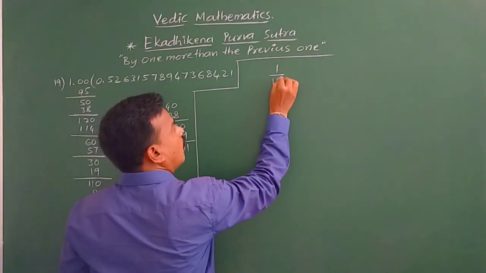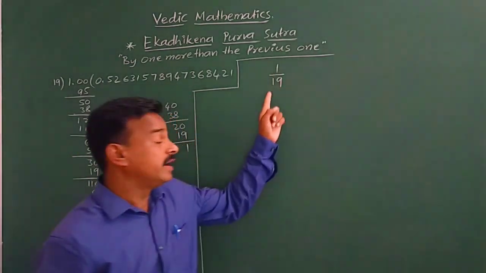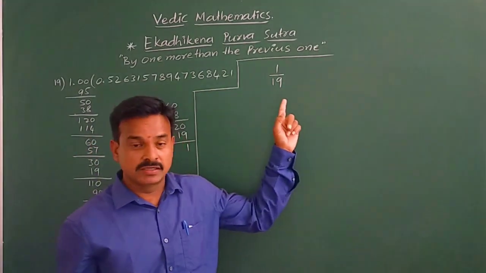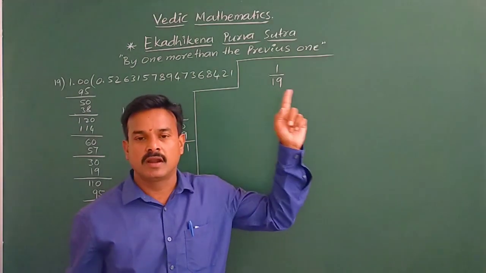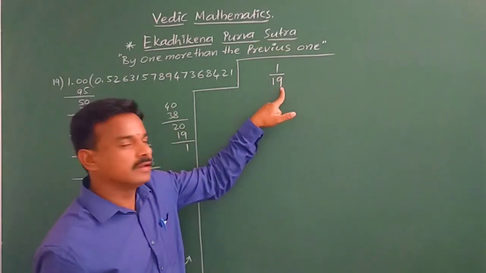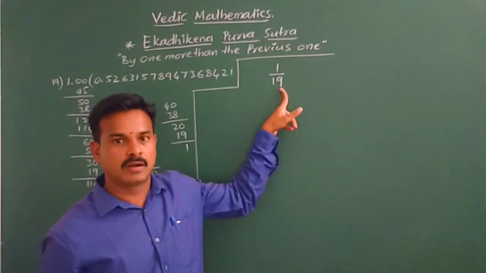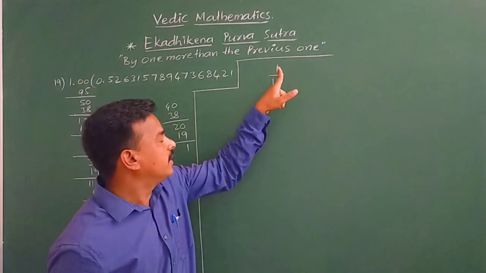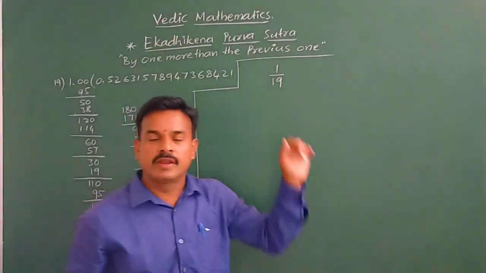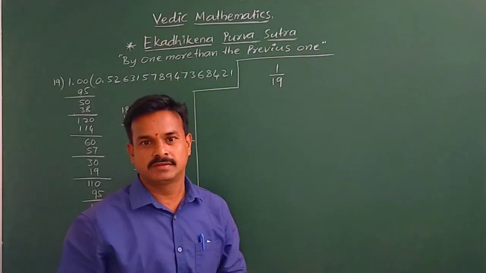For example, I am taking 1 by 19. 1 by 19 is a vulgar fraction and the denominator ends with 9. We know very well that 19, the denominator, is a prime number. If we divide 1 by a prime number, we can get a non-terminating recurring decimal.